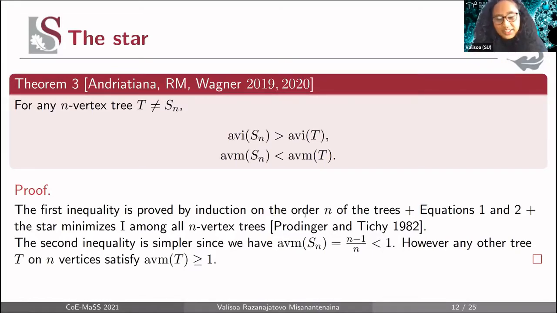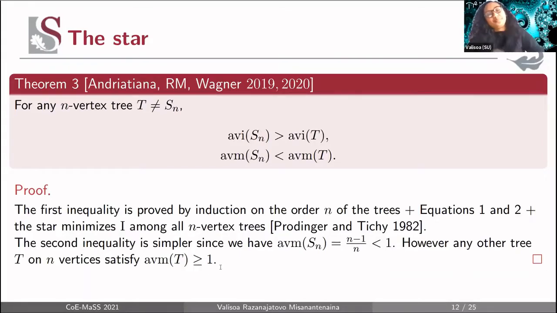Whereas the second inequality is much simpler, since the average size of matchings in the star is n minus 1 over n, and it is really less than 1. And any tree on n vertices will have an average size of matchings greater than or equal to 1.